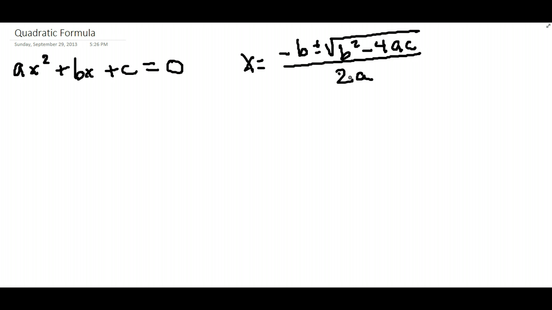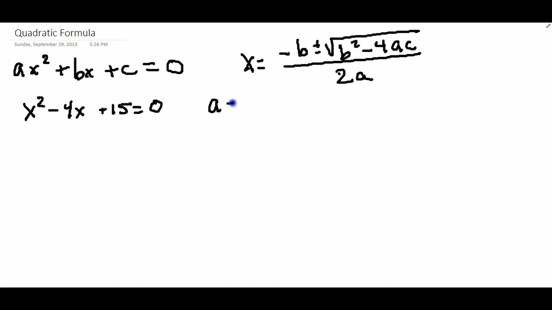Okay, so where are all of our a's, b's, and c's? Well, they come from the standard form, ax squared plus bx plus c equals 0. So the first thing we need to do is determine our a, b, and c. Looking at example 6 on page P12, if we're trying to solve x squared minus 4x plus 15 equals 0 using the quadratic formula, first we need to figure out our a, b, and c values.